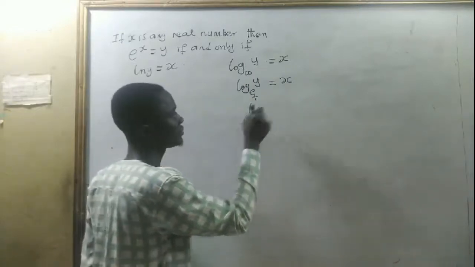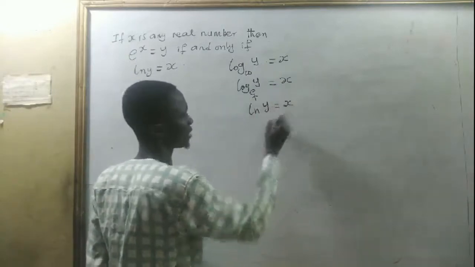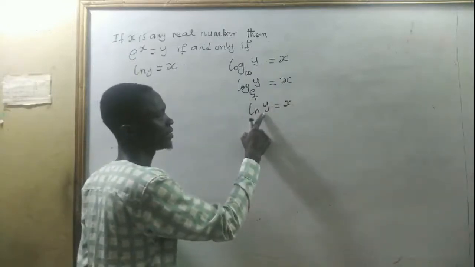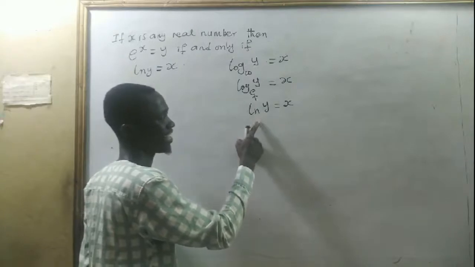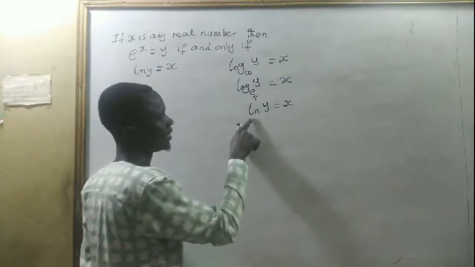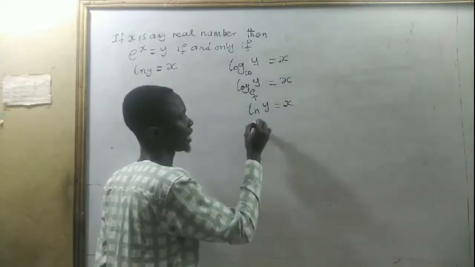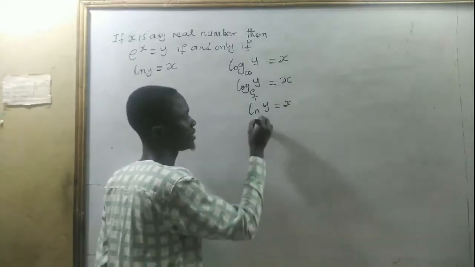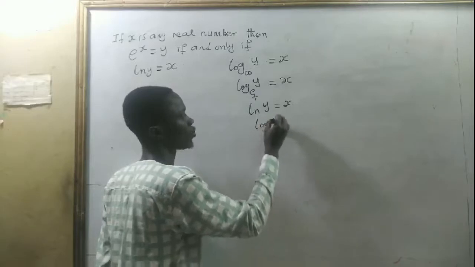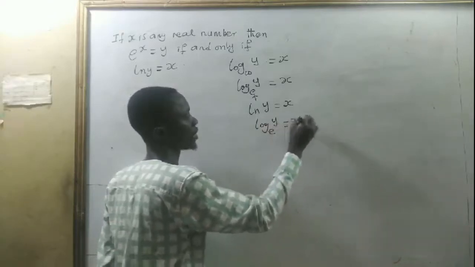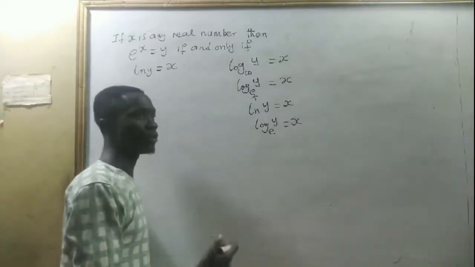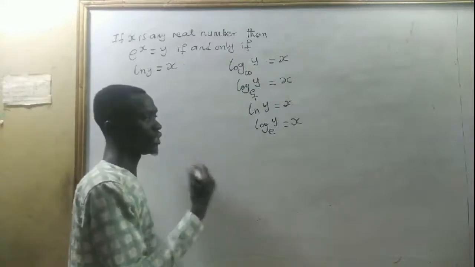So ln y equals x. Here, if I write ln y equals x, it means log y base e equals x. So the natural log means log to the base e.